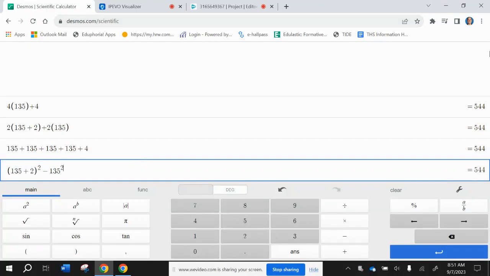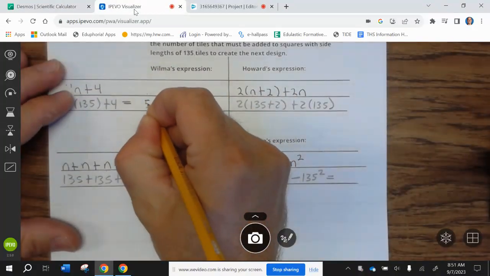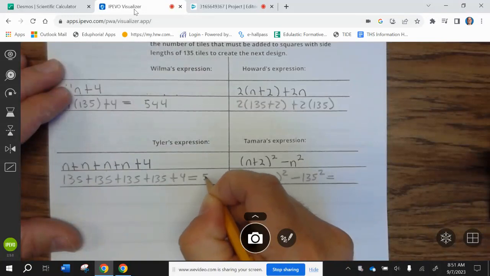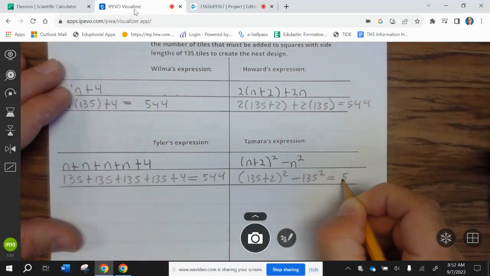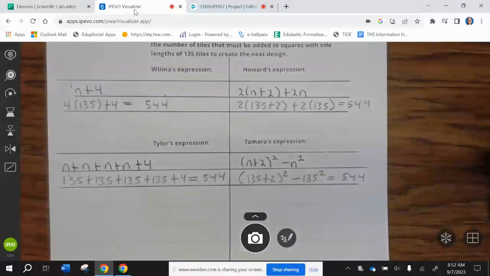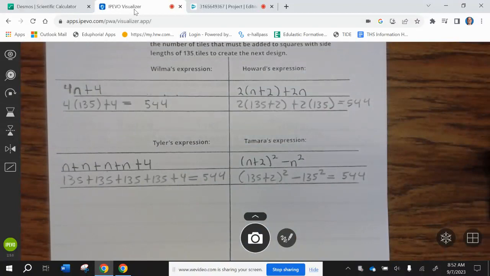Well, you'll see here that they all equal 544. Okay, so this equals 544. This equals 544. This equals 544. And this equals 544. All right, go ahead and finish it up.